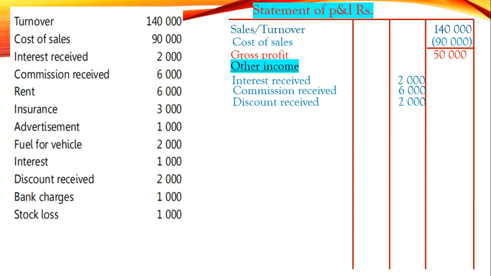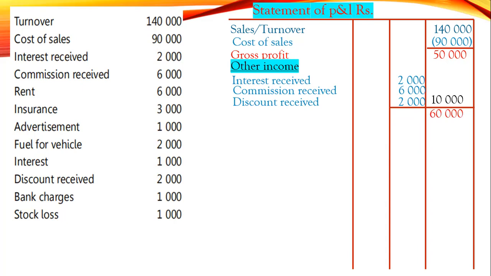If you write in the third column, you never ever lose your marks. So total other income: 2 plus 6 plus 2, 10. Fifty plus 10 other income is added to gross profit according to the equation. So total 60.